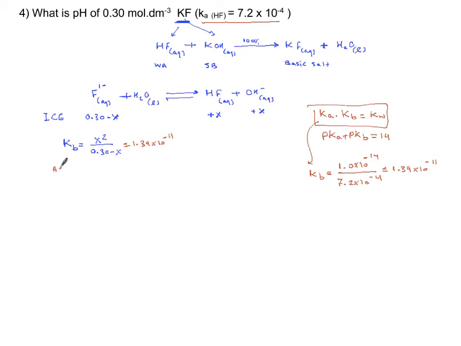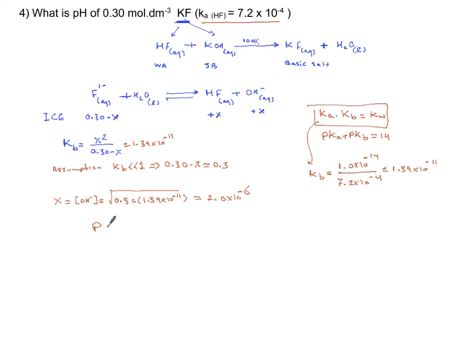We make our assumption that Kb is extremely small, much smaller than 1, that you can say the denominator is just 0.3. So X, which is our hydroxide concentration, is square root of 0.3 times Kb and that becomes 2.0 times 10 to minus 6.